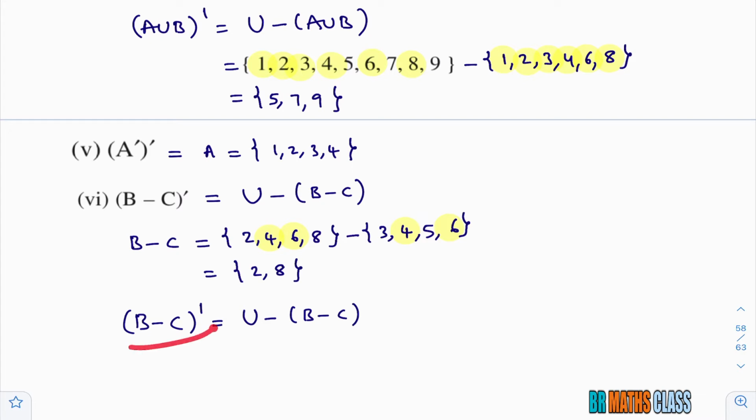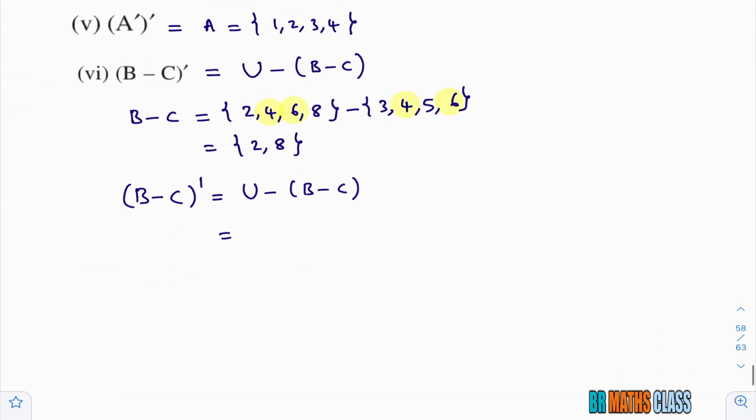Now B minus C whole dash. What is the formula? U minus B minus C. What is the universal set? Universal set is 1, 2, 3, 4, 5, 6, 7, 8, 9 minus B minus C. B minus C is 2, 8, right? You write 2, 8. Now you identify the elements which are common in both. 2 is common in both, 8 is common in both, right?